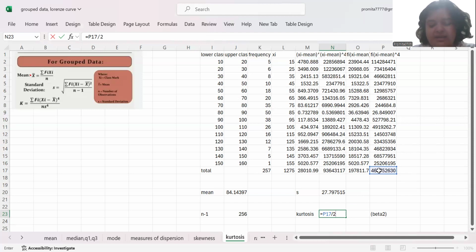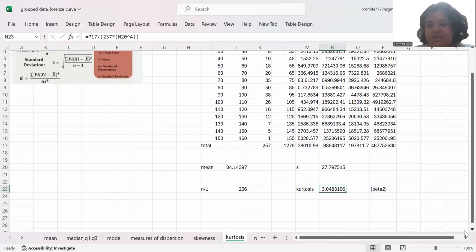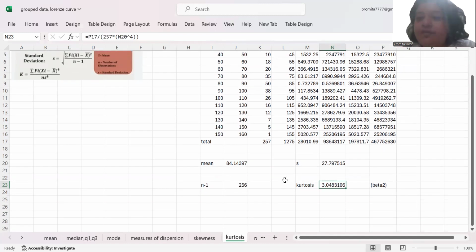My n is 257 into this to the power 4. So this gives me the kurtosis, which is 3.048. So this is the value of beta 2, the kurtosis.